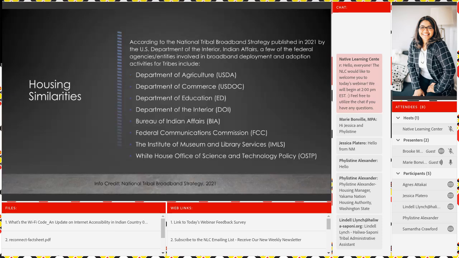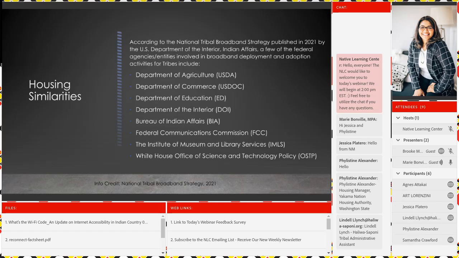So, kind of taking a step back and looking at all of these different agencies involved: Department of Agriculture, Department of Commerce, Department of Education, Interior, of course the Bureau of Indian Affairs, Federal Communications Commission, the Institute of Museum and Library Services, excuse me. I didn't know that when I first started the research.